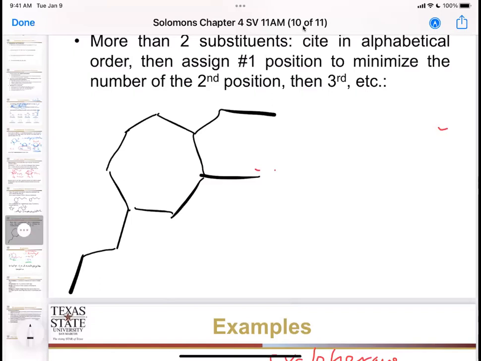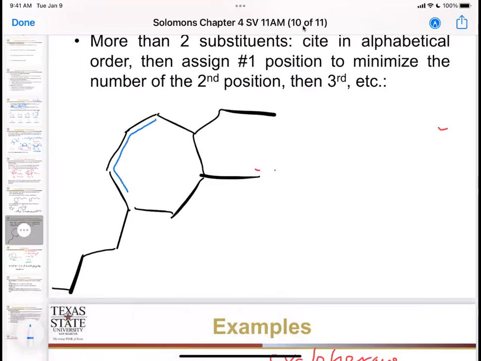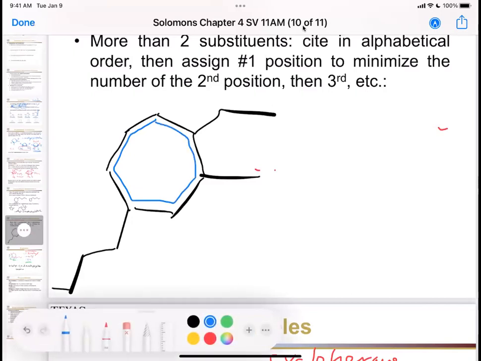Okay, so right away, I'm cheating because I have a methyl substituent, an ethyl substituent, and a butyl substituent. Actually, that's supposed to be a butyl. There we go. Butyl substituent. Oh, those aren't the same as the other one. But anyway. Okay, so what do we do first? So we do our parent first, right? So let's do 1, 2, 3, 4, 5, 6, 7 carbons in that ring.